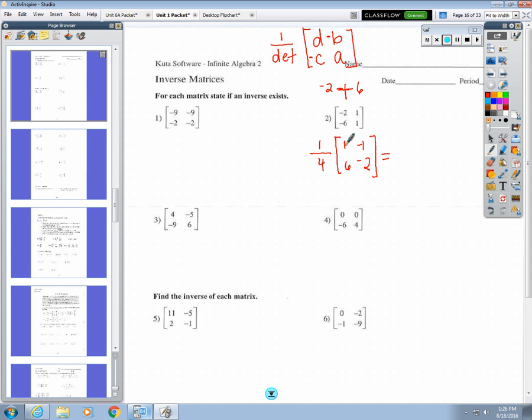So 1/4 times 1 is 1/4. 1/4 times negative 1 is negative 1/4. 1/4 times 6 is 6 over 4, which will reduce to 3 over 2. And 1/4 times negative 2 is negative 2 over 4, which will reduce to negative 1/2. And that is the inverse matrix of this original matrix.